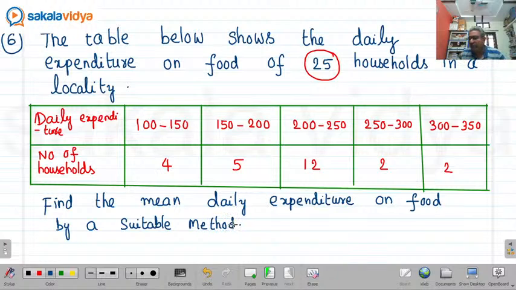Which method do you follow here? Anybody? A suitable method means a very easy method, the step deviation method itself. Simplification will be very simple. So in my view, it's better to adopt the step deviation method. So let us proceed.